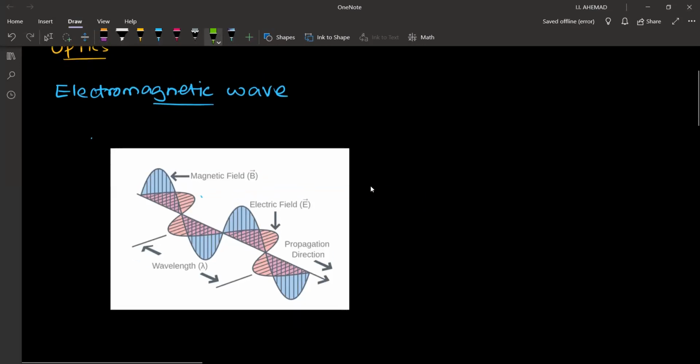Write down the topic, electromagnetic wave. Under that, draw this diagram. Draw it simply.